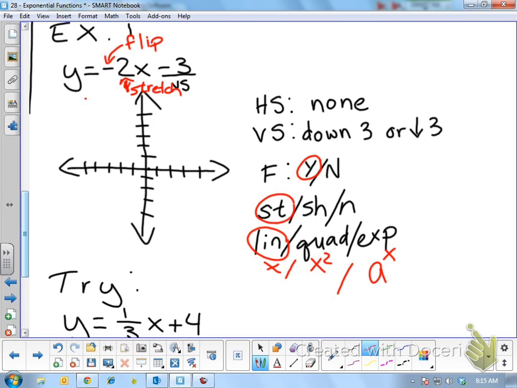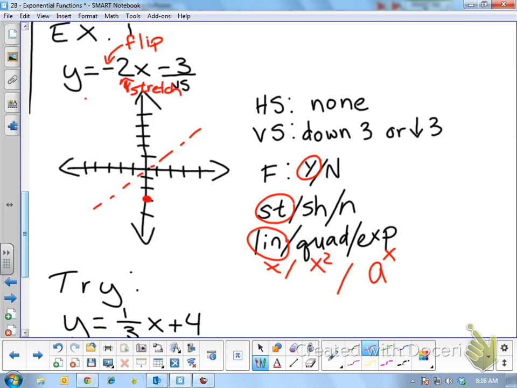So now, let's graph our line. If we had our parent function, it would look like this. And we said this parent function is going to move down 3. So when we do this, we always just start from the center. From the center, I'm going to count down 3.